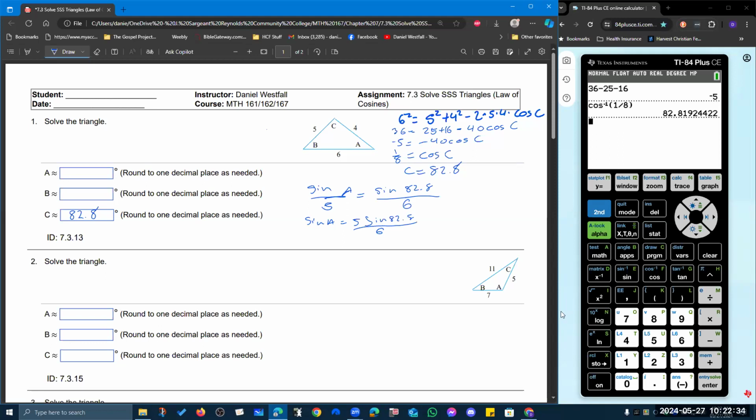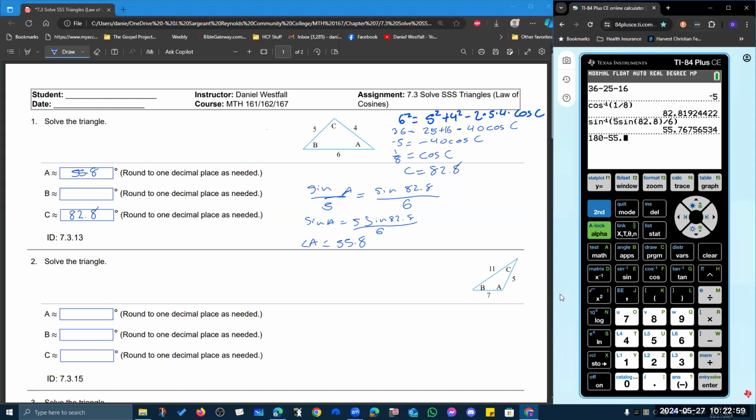So A is arc sine of 5 sine of 82.8 divided by 6. A equals 55.8. 180 minus 55.8 minus 82.8 is going to give me 41.4.